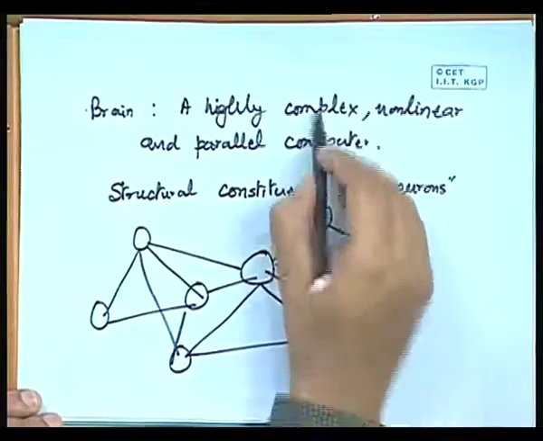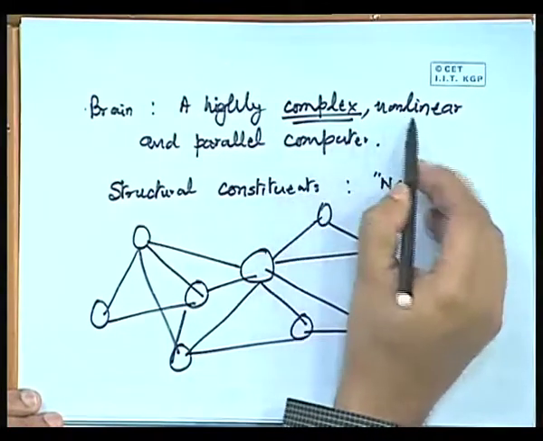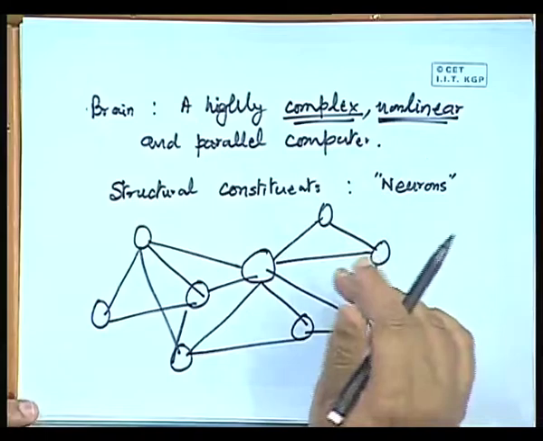This network is highly complex as well as nonlinear and massively parallel, because our human brain has typically billions of nerve cells with trillions of such interconnections existing.